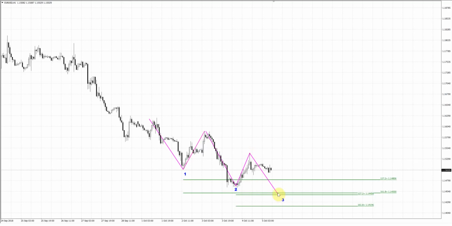The third drive theoretically should be at the crossing of the 127 of the second drive and 1.618 of the first drive, and they stand at the same point, as you can see. It's approximately the 114.50 area. That's the point that will probably become crucial for our daily setup and for our short-term view on the euro in general.